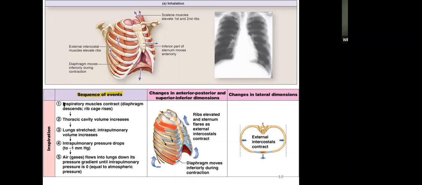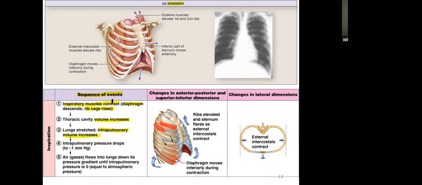We have inspiratory muscles contract, the diaphragm descends, and the rib cage rises. The thoracic cavity volume increases, the lungs become stretched, and intrapulmonary volume increases. So this is all happening in inhalation.